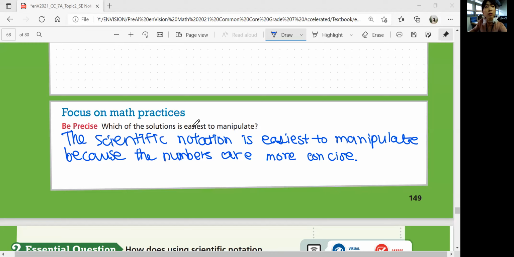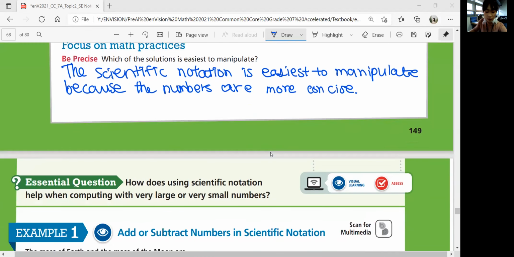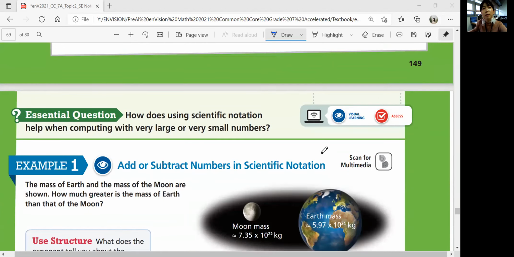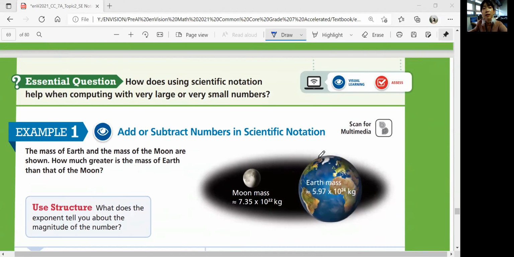So let's think about this big essential question throughout the lesson today. How does using scientific notation help when computing with very large or very small numbers? Think about how it should be helpful. Example 1, add or subtract numbers in scientific notation.